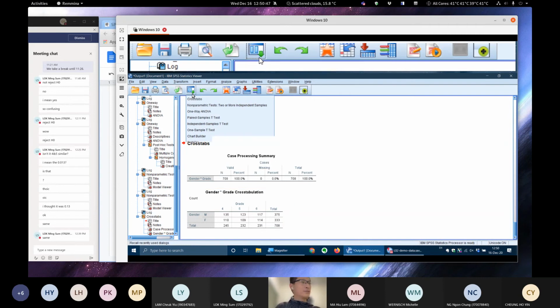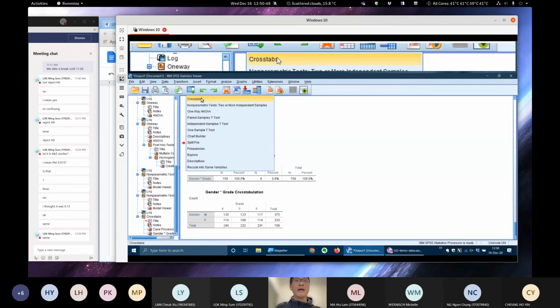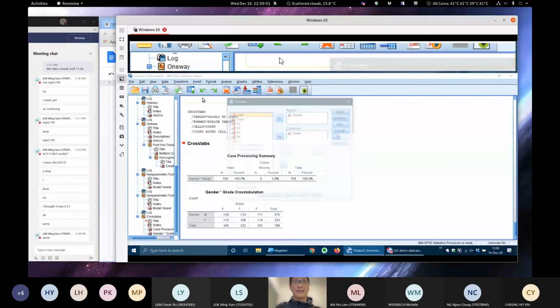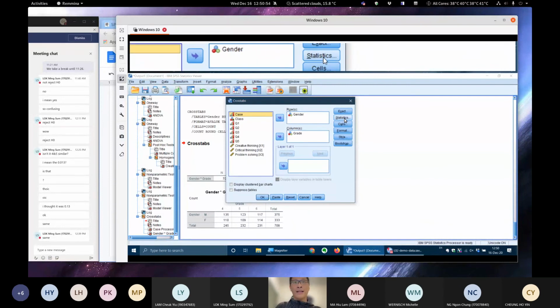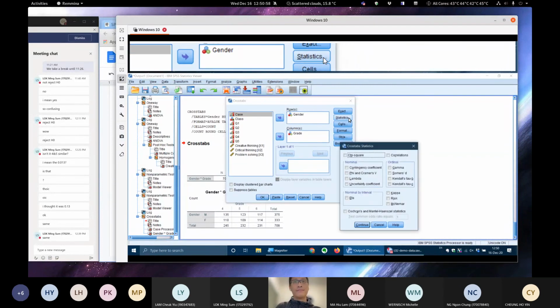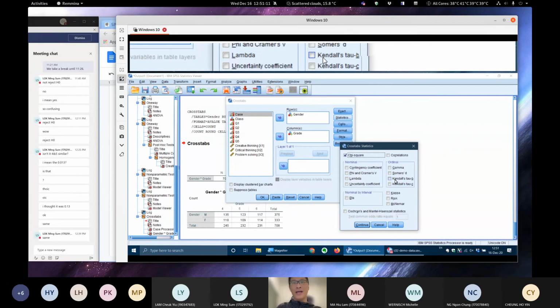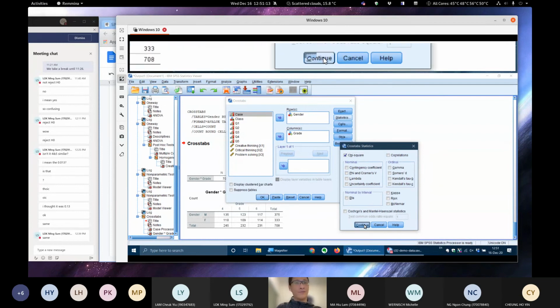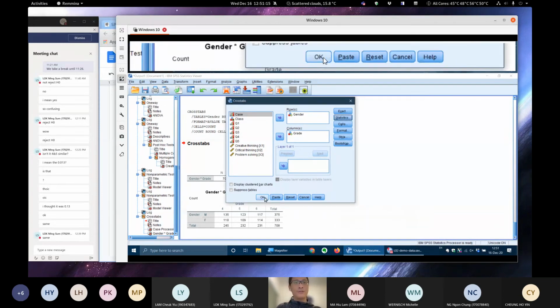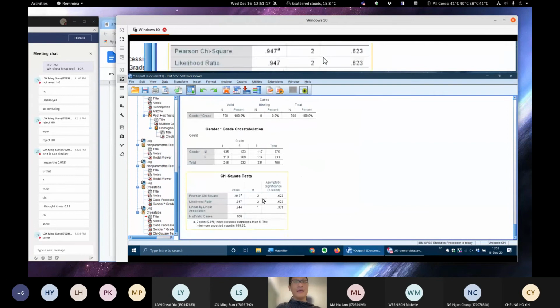Now, to do the inferential statistics, we go back to the Crosstabs dialog, and then we go to the Statistics button here. Inside, the first option is the chi-square test. So you just click it. You don't have to worry about how it is done. We ignore everything else and go to Continue and OK.